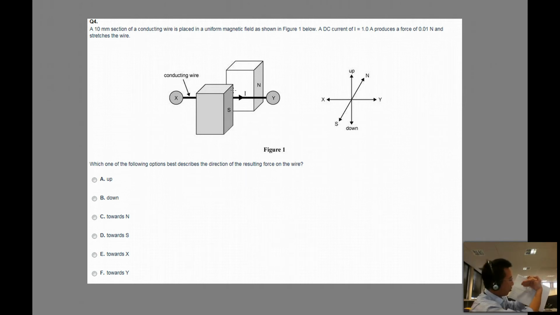Then I have a current going from left to right, so it's something like this. If you do the same thing, my palm is actually facing downwards, so the force generated must be downwards. It's just a matter of twisting your arm. Let me write this down. So the answer will be B, downwards.